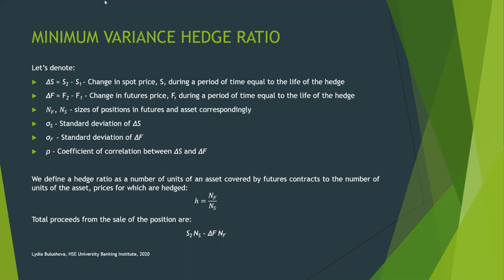Sigma S is the standard deviation of delta S. Sigma sub F is the standard deviation of delta F. And rho is the coefficient of correlation between delta S and delta F. For those of you who don't remember what the coefficient of correlation is, you can have a look at it. But it's a very basic notion, and even if you don't remember, it is intuitively understandable.